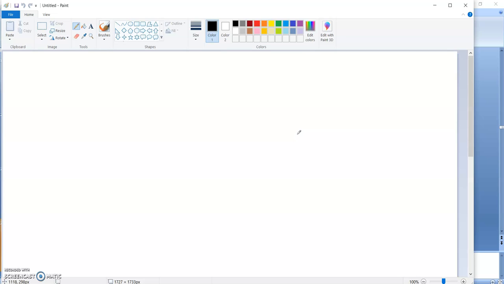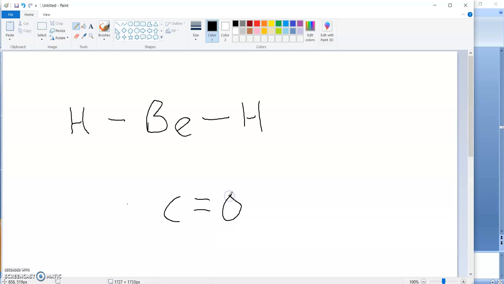So, for example, if I have the compound beryllium hydride, which we built when we did the incomplete octets, it has an incomplete octet. Beryllium in the middle has 1 pair, 2 pairs, that's it. Okay? But also the molecule carbon dioxide, which, again, we built a while back.